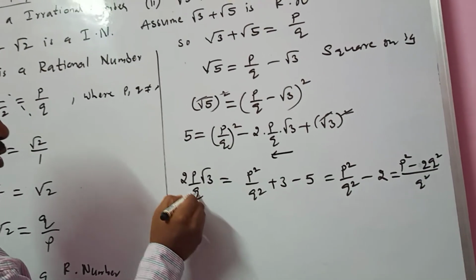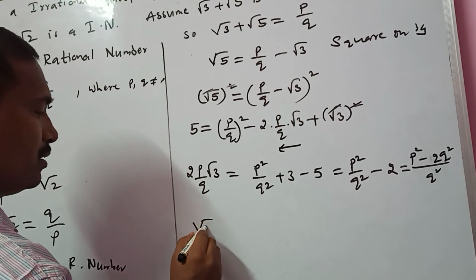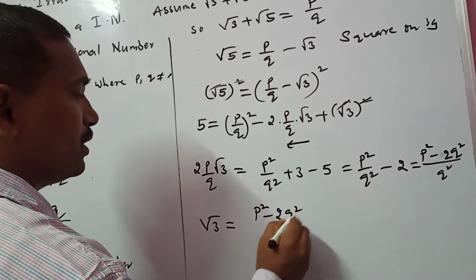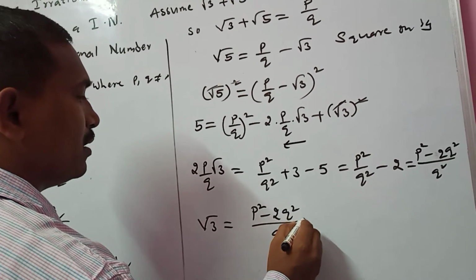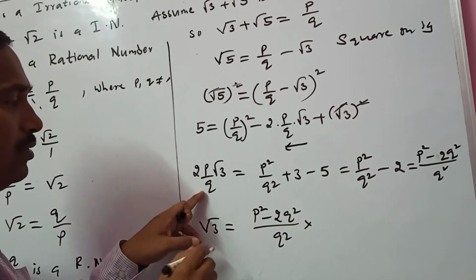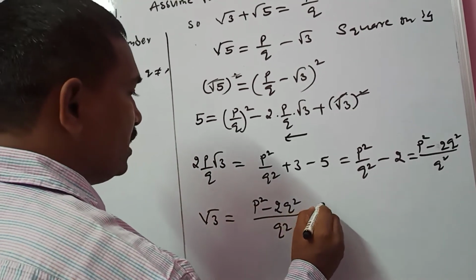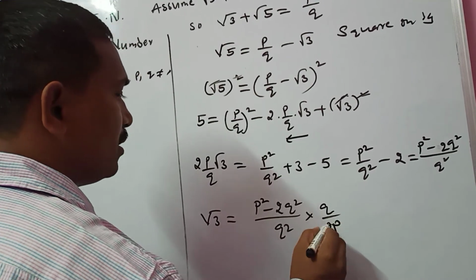Now transpose this 2p by q to the right side. That is root 3 equal to p square minus 2q square by q square into the reciprocal of 2p by q, numerator and denominator interchanged, that is q by 2p.